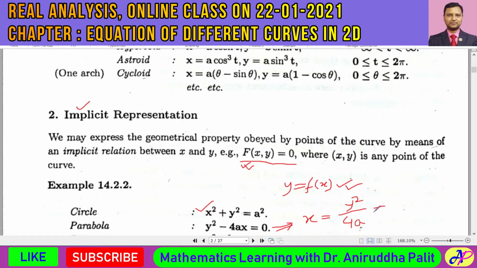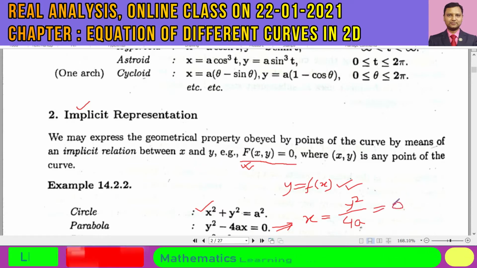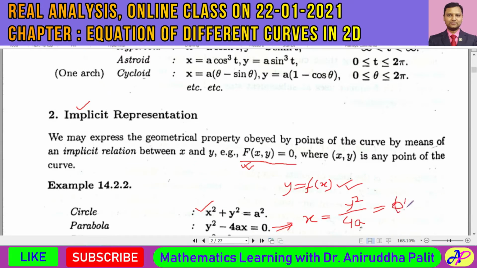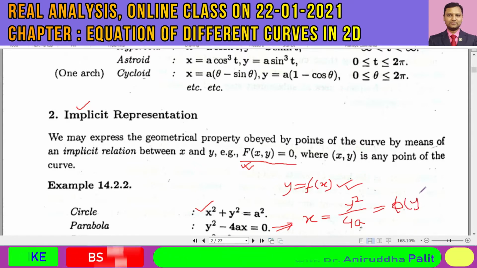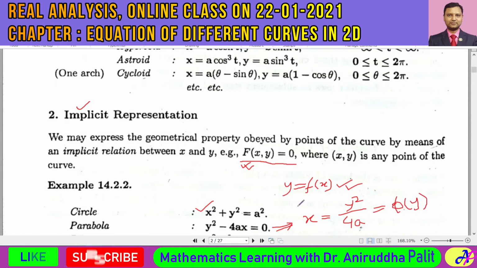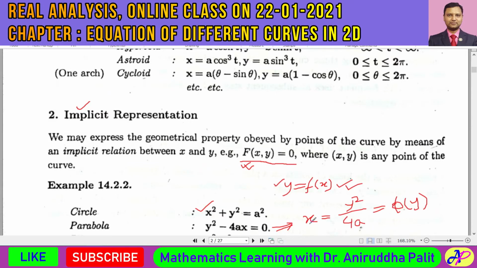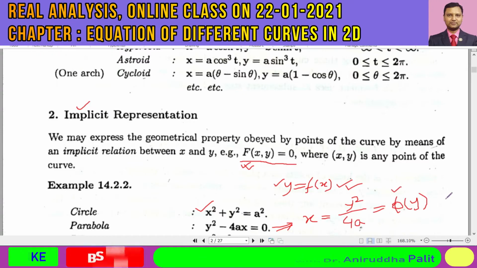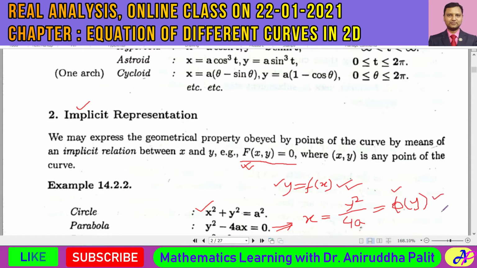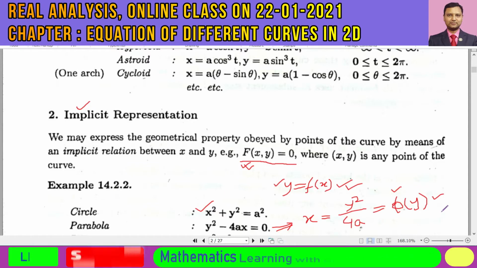So you can say that I have written x is equal to some function phi of y in this way. So either you will have to represent it in the form of y is equal to f(x), or in the form of x is equal to phi(y). These two representations are called explicit representation.